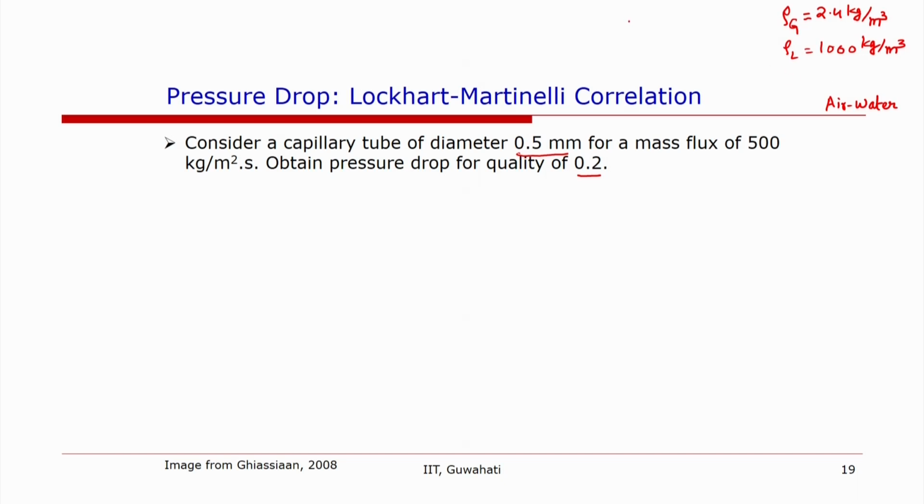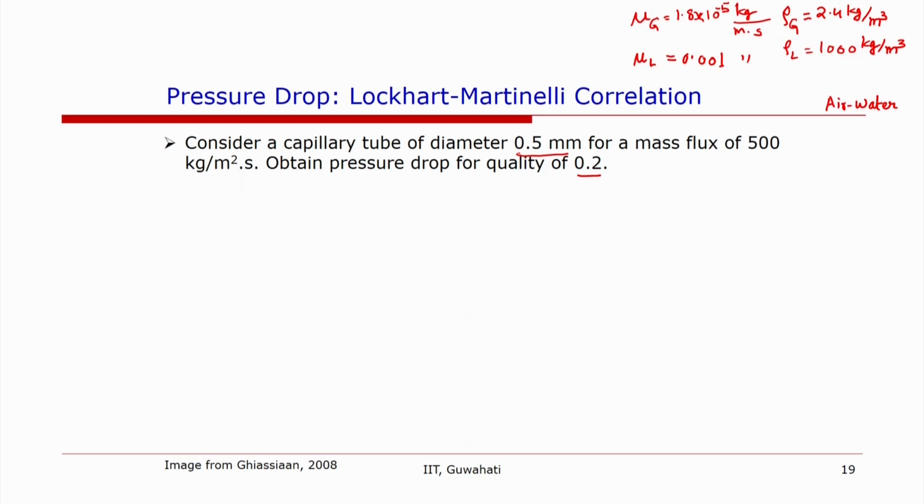The viscosity of gas is about 1.8 into 10 to the power minus 5 kg per meter per second, and the viscosity of liquid, which is water, is 0.001 kg per meter per second.